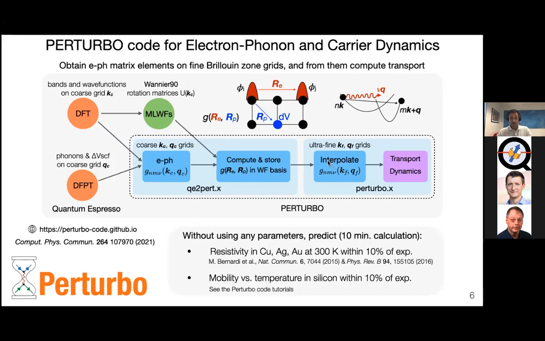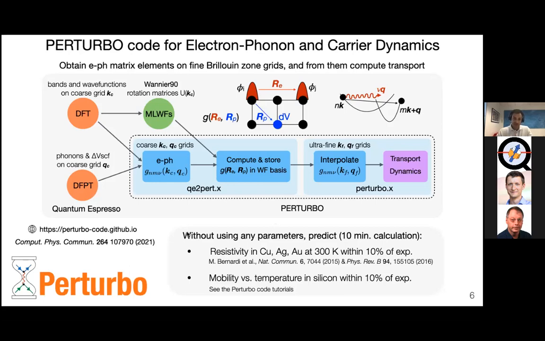And then typically by using billions or even more matrix elements, we can then compute transport properties, which will be the focus of my talk today, but also non-equilibrium dynamics, which is a topic I work on, but that I will not discuss today.